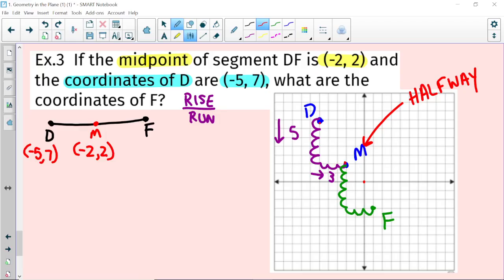Yep. +1, comma -3, because we're going to the right 1, down 3. So the coordinate of point F is parentheses 1, comma -3, close parentheses. Remember, these positives and negatives are not telling me how much, it's telling me how far and which way.